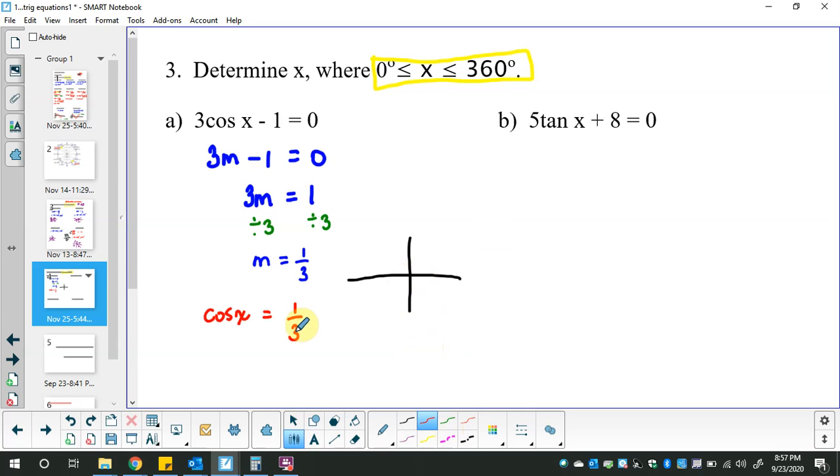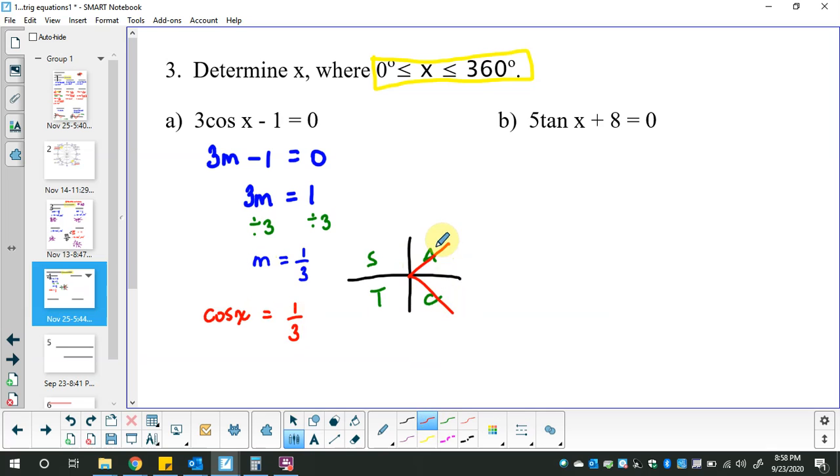So, with the cast rule, where I'm going to write C-A-S-T, I have cos has a positive answer. And when cos is a positive answer, that automatically puts it in here because this means cos is positive. And I get to put it in here because this means all are positive.